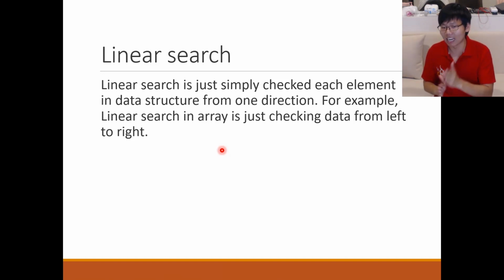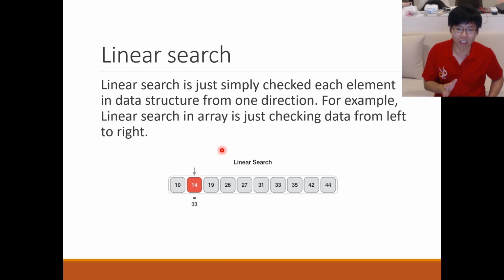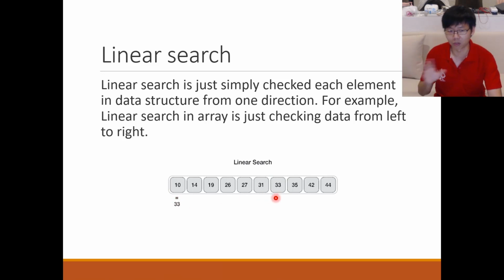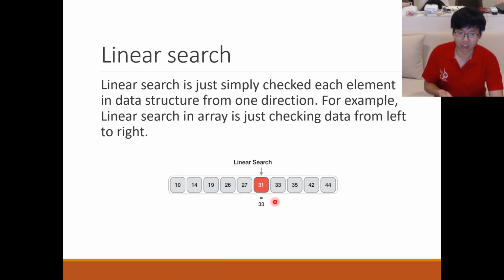You declare the direction of searching beforehand. Looking at this animation, searching for the number 33, it compares each index in the direction that you declared beforehand. For this one, we declared it's going to go from left to right. Then in that case, it's going to take some number of steps until it finds 33.